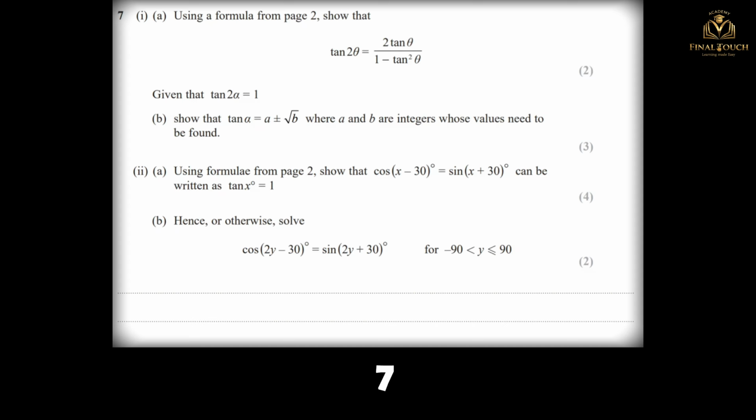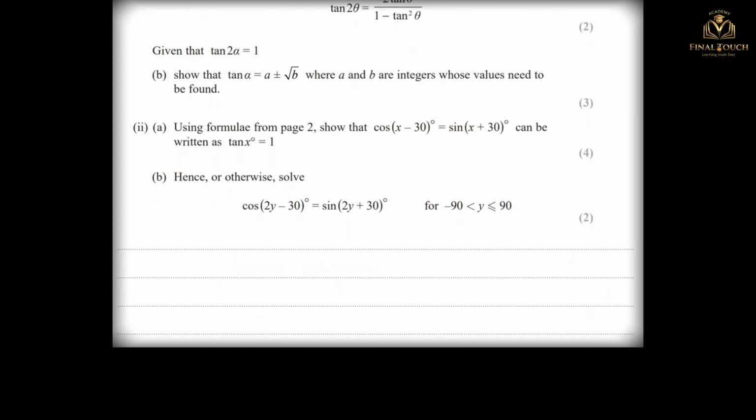Moving into question number 7. So 7.1 part A tells us, using a formula from page 2, show that tan 2 theta is given by the following equation.